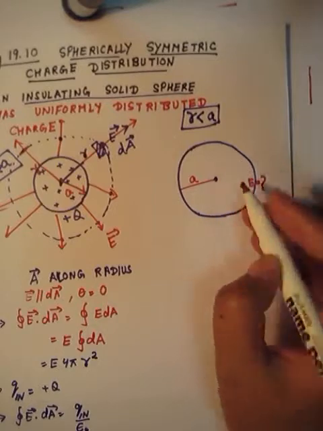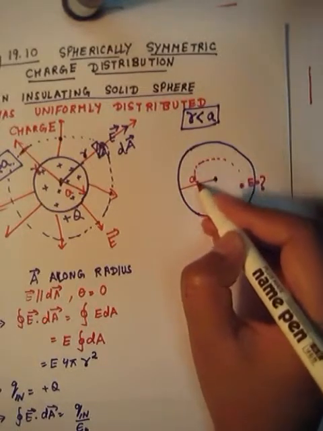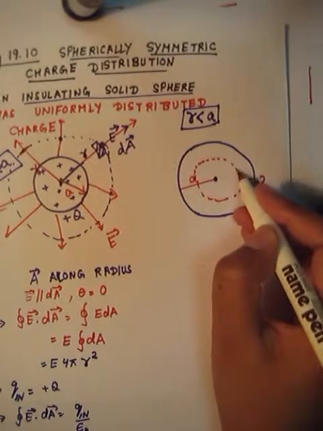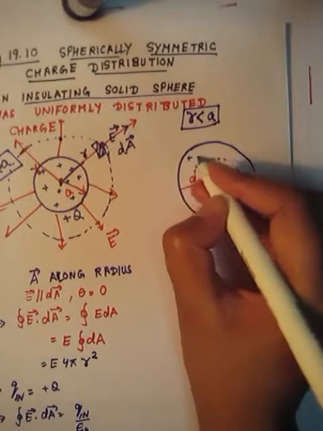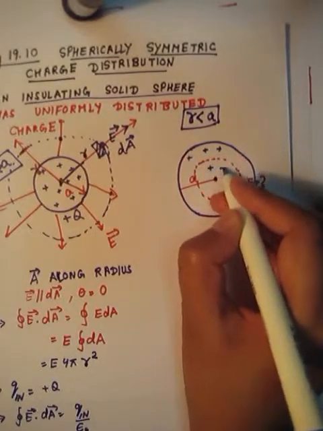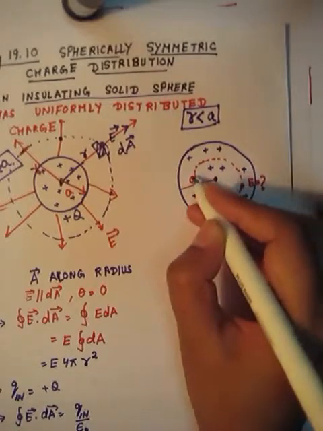Now if we have to find out what the electric field is at this point, the first thing we do is draw an imaginary surface over it. We already know that it is positively charged, so the charge will stay the same everywhere.